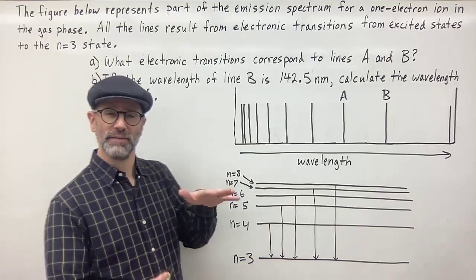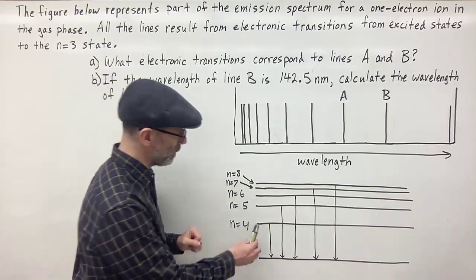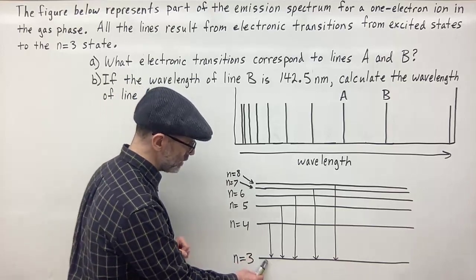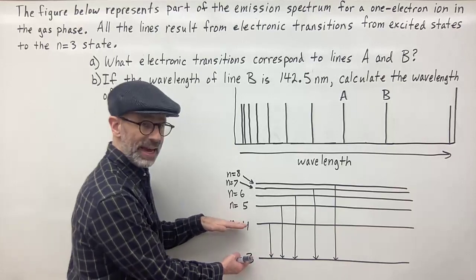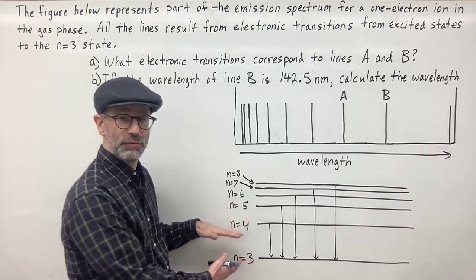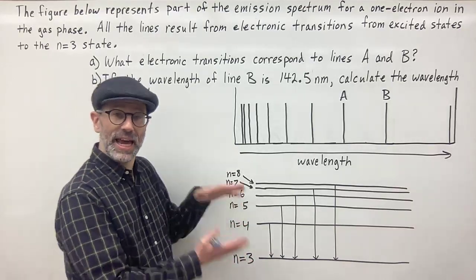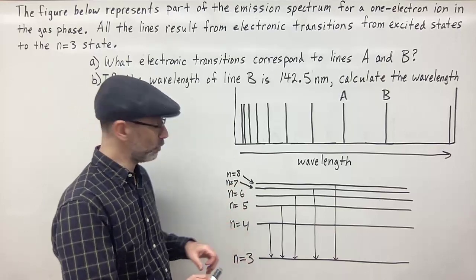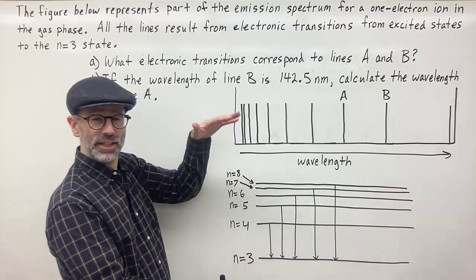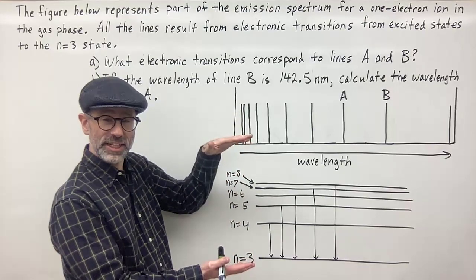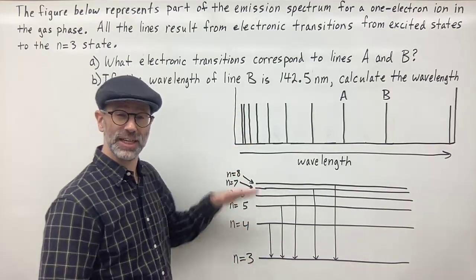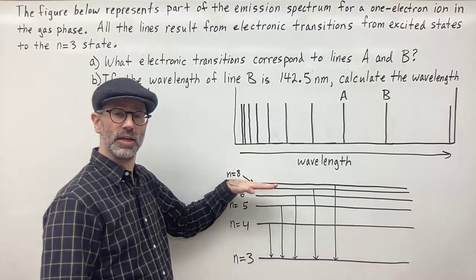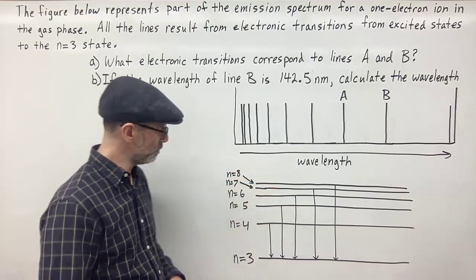There's a certain amount of energy that's going to be released, and that depends on the distance between the different energy levels, and that distance reflects the difference in the energies of those levels. So the larger the distance, the larger the energy gap, and therefore the more energy that's released by the electron that jumps from one level to the other.